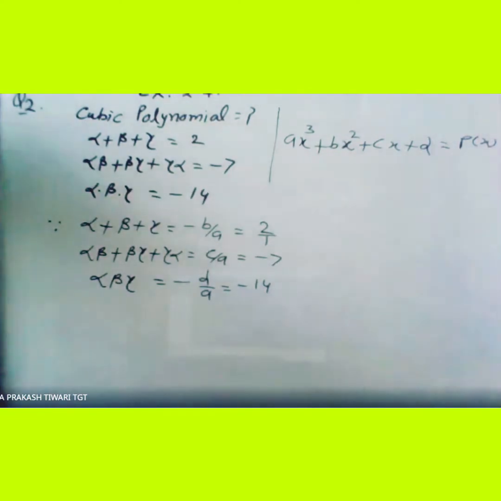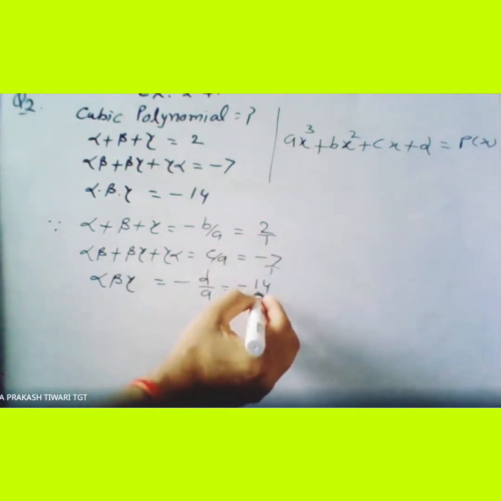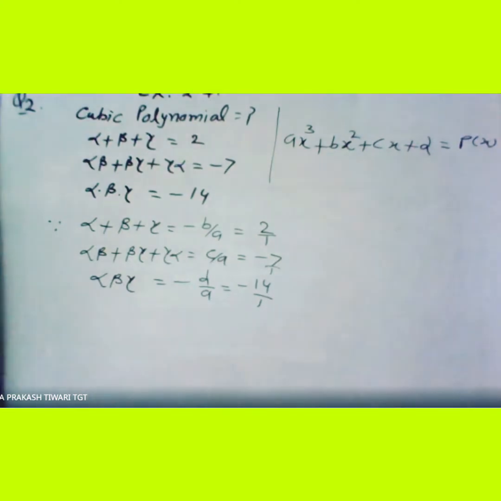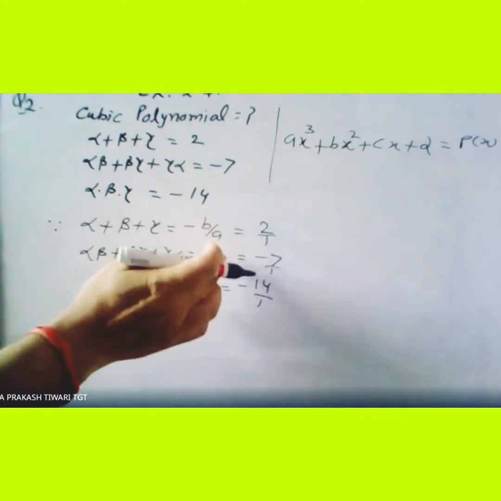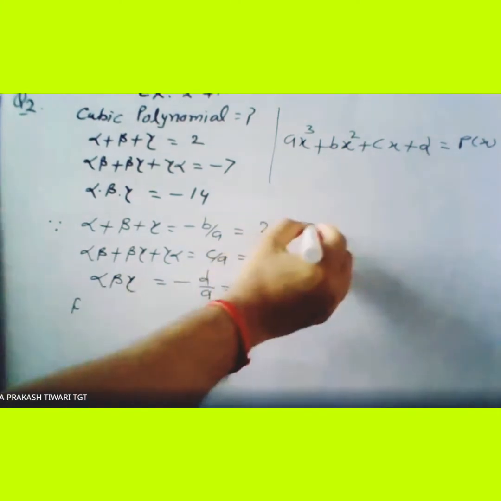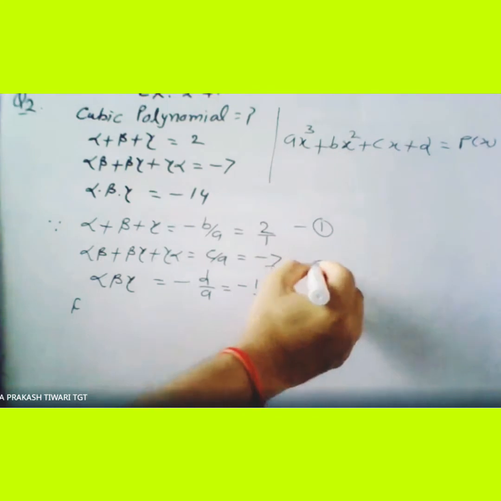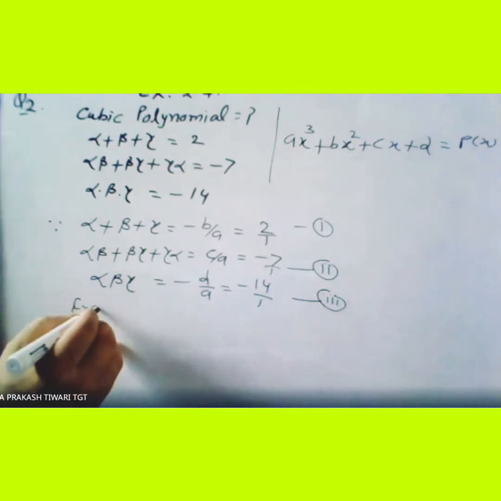And this is also we can write it as ओके डियर. तो यहाँ पे इसको भी हम आसानी से लिख सकते हैं 7 by 1, नो प्रॉब्लम. एंड दिस इज ऑल्सो 14 by 1, नो प्रॉब्लम. सो डियर, by observing this means the value of a you will get from equation 1st, 2nd, 3rd.